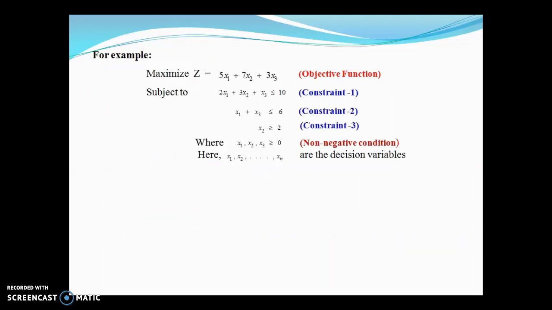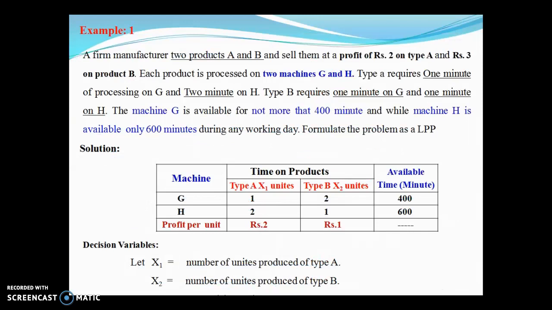After the procedure, we saw a basic example on the mathematical formulation of LPP: how to write objective function, how to write constraints, and how to write the non-negative constraint as per the mathematical formulation. Now today we are going to discuss a numerical example based on mathematical formulation of LPP as per the steps.